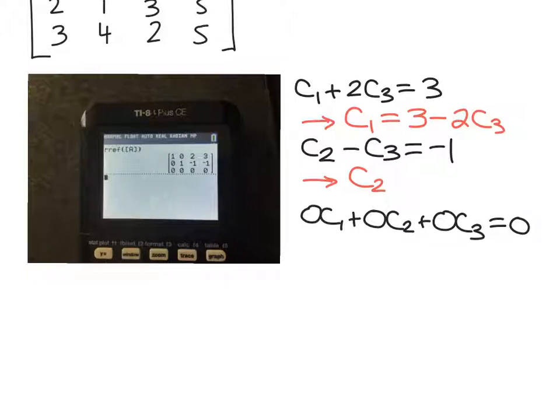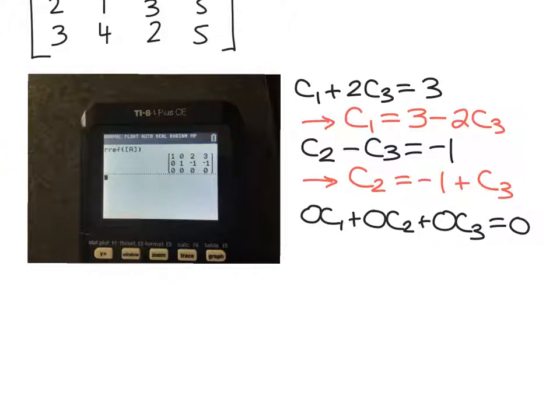So C2 is equal to -1 plus just a clean C3. And then for the last one, we have this thing. It's a true equation because 0 equals 0, but everything's zeroed out, so it doesn't seem to be really telling us anything.